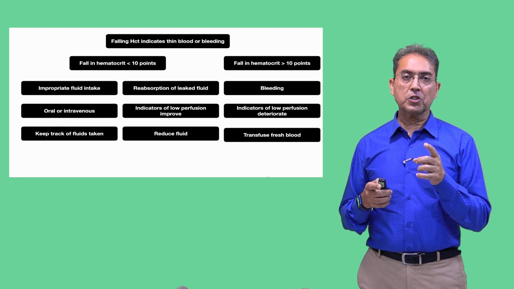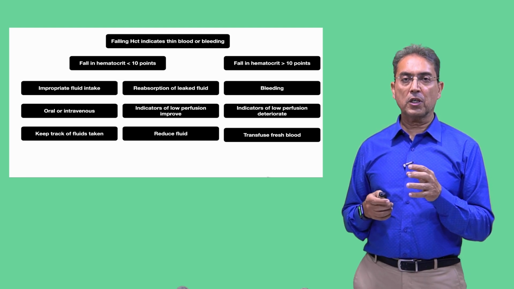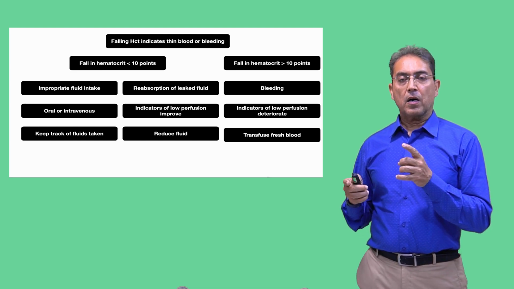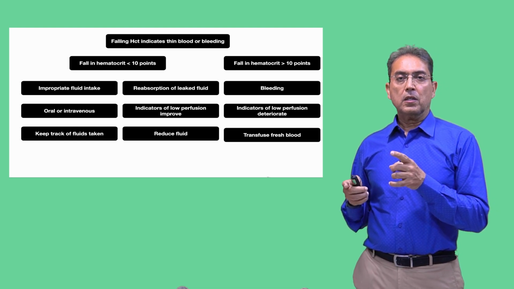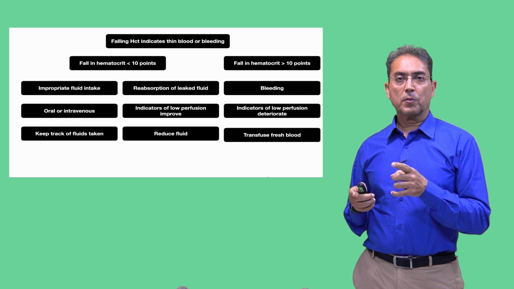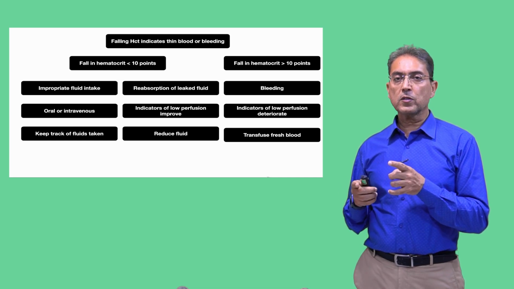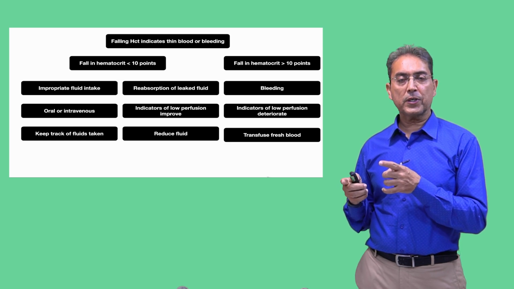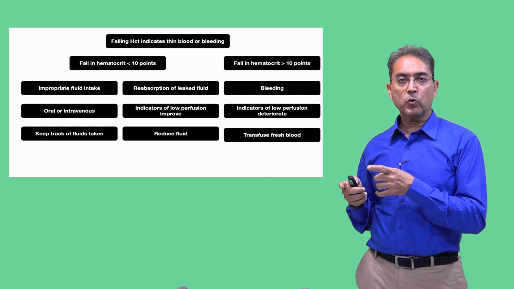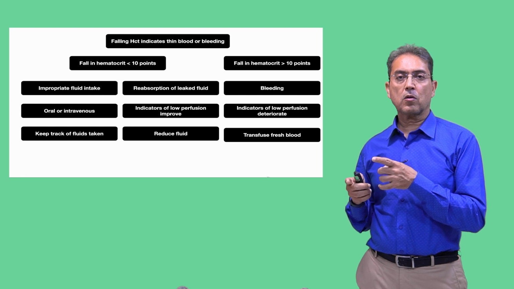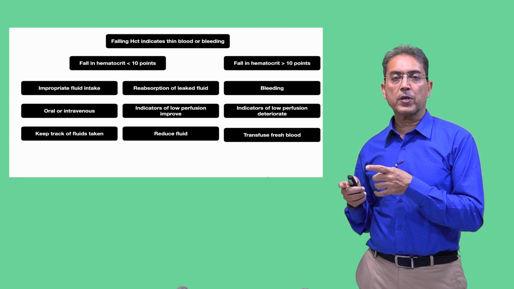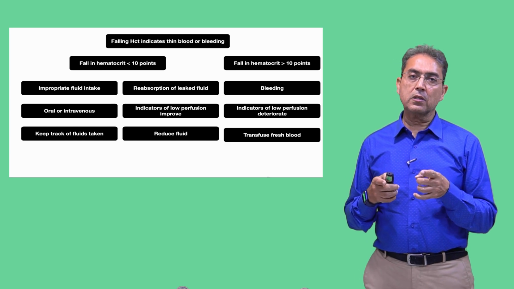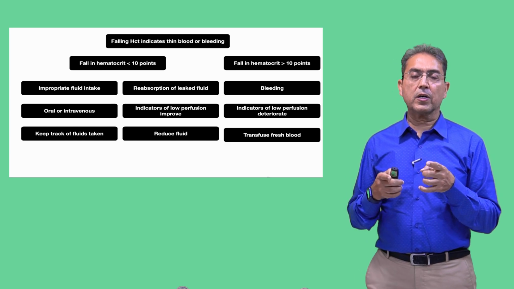So these are the two situations which are a little tricky in patients who have dengue. Either the hematocrit is falling because of the reabsorption or it's because of the bleeding. If it is more than 10 points, we usually consider bleeding, especially if the perfusion pressure parameters or the circulating volume parameters are abnormal. And in reabsorption, these parameters start becoming normal.